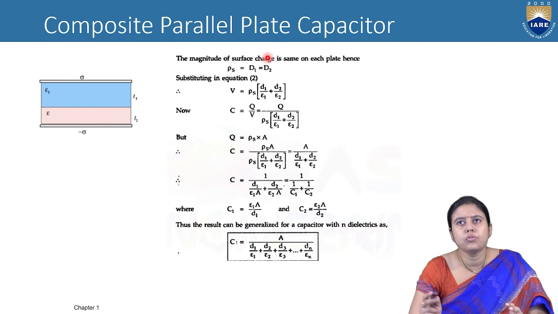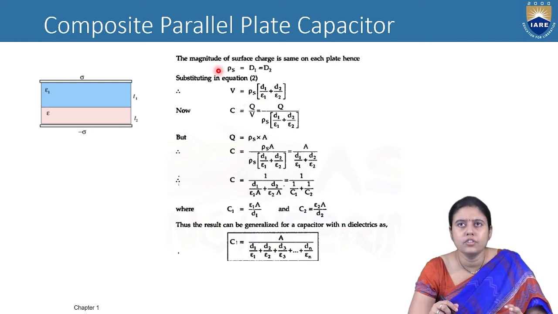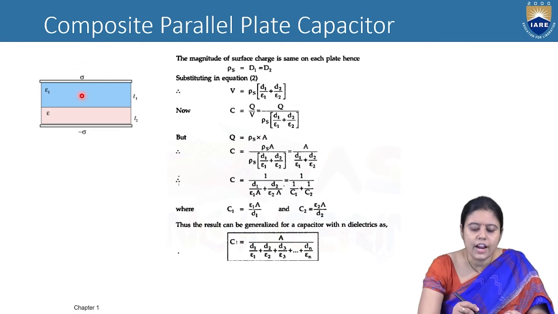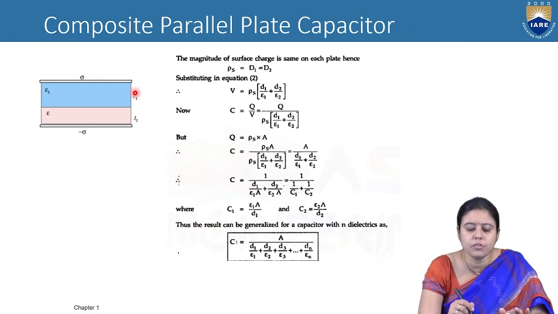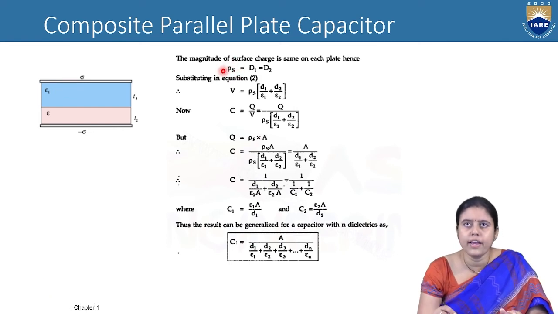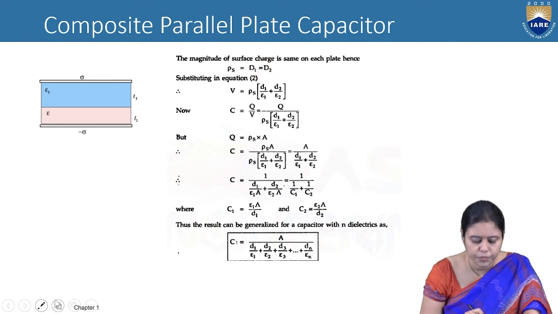Now, as we don't know the amount of charge, we will think about the surface charge density. Say rho S is the surface charge density. According to this, the surface charge density is equal to D1, equal to D2.